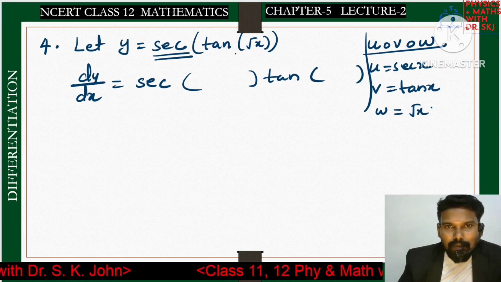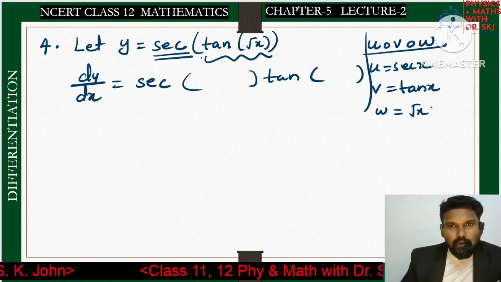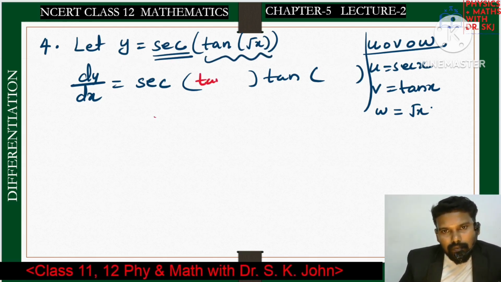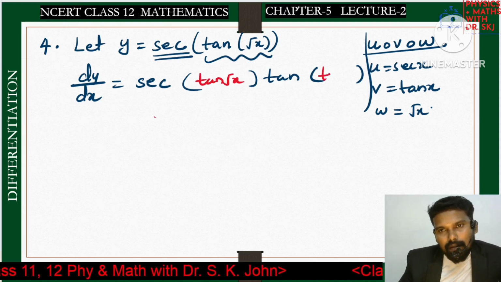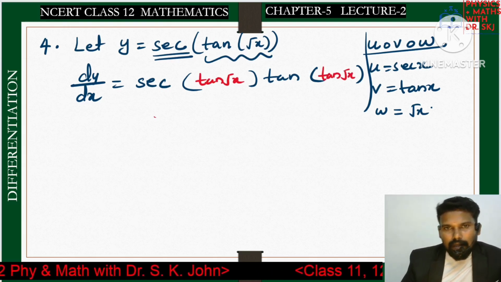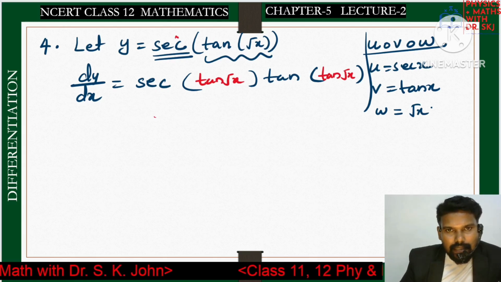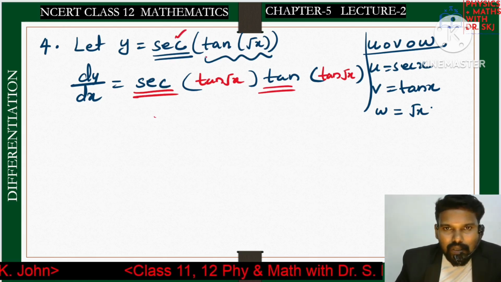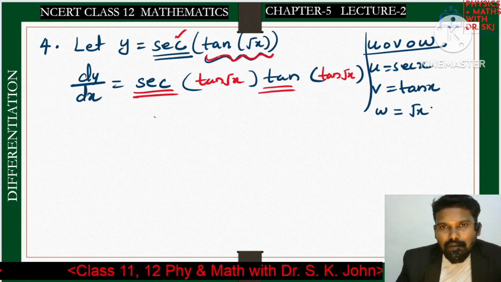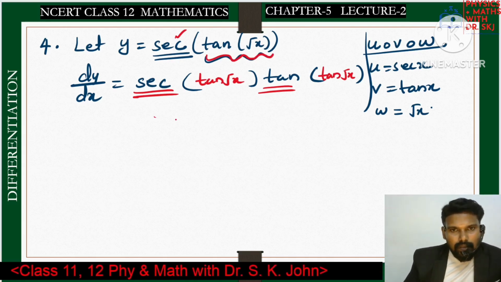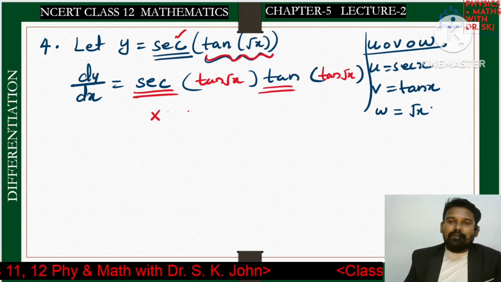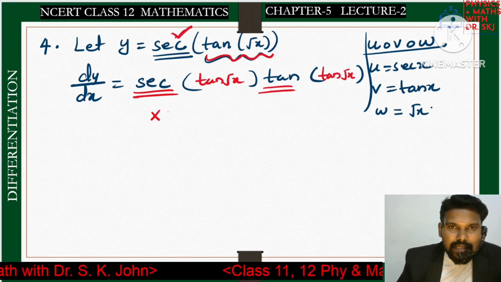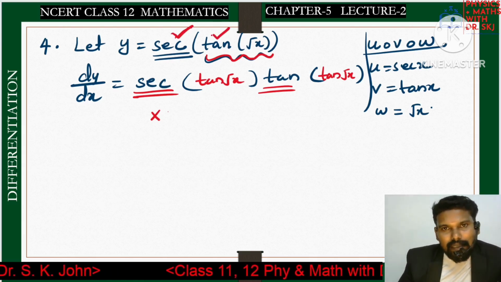But in the place of x we have tan root x, so you have to write tan root x here and here. The derivative of sec x is sec x tan x, but here instead of x we have this tan root x, multiplied with, we have to multiply this with, now we have differentiated sec only. Now we have to differentiate tan.